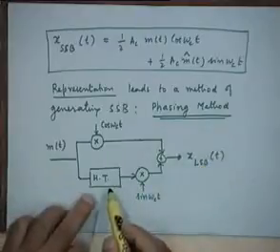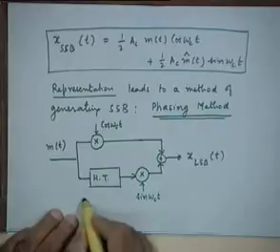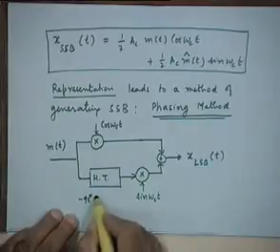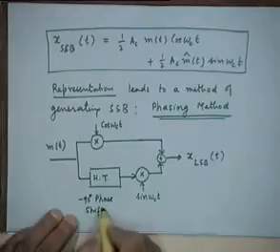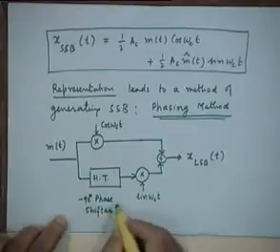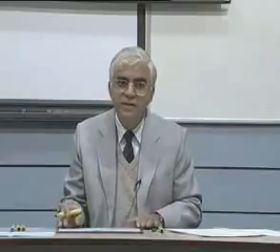Basically we call it the phasing method because this requires the implementation of a 90-degree phase shifter, right. You require a 90-degree phase shifter, not at a single frequency. Realizing a 90-degree phase shifter at one frequency is a very trivial job.